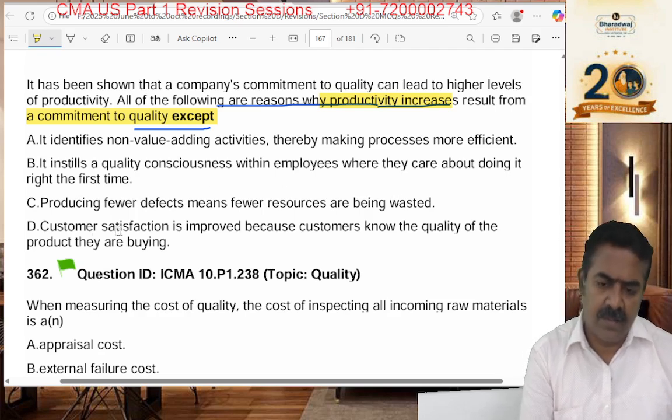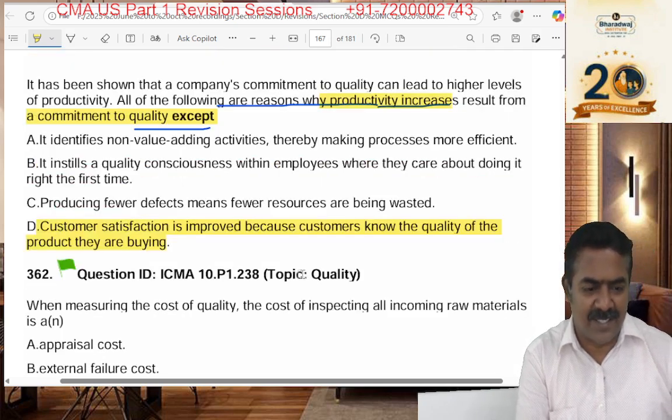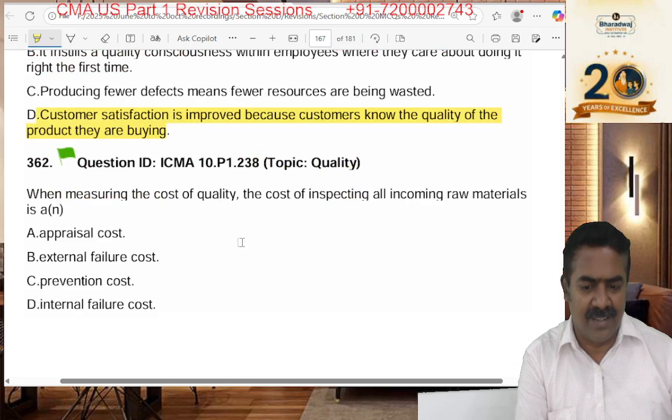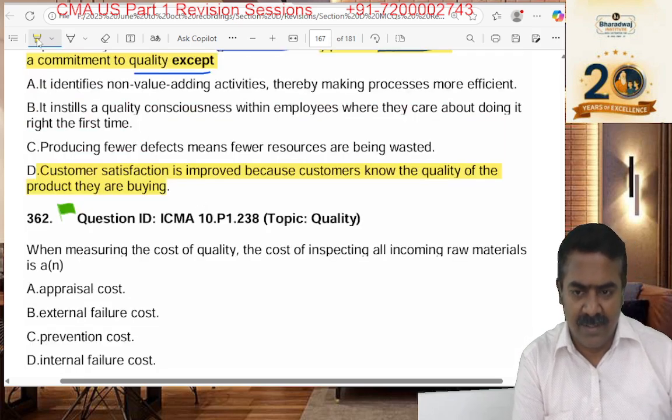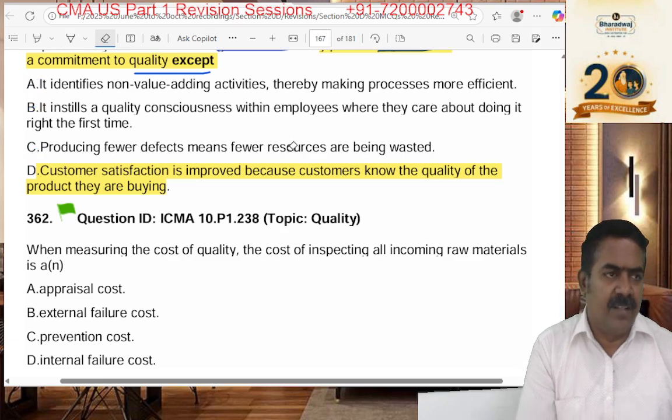Okay, yes. Customer satisfaction improved because customers know the quality of the product they are buying. No, that will not improve your quality. A will improve your product quality, B and C will improve product quality, but this is nothing to do with our product quality.